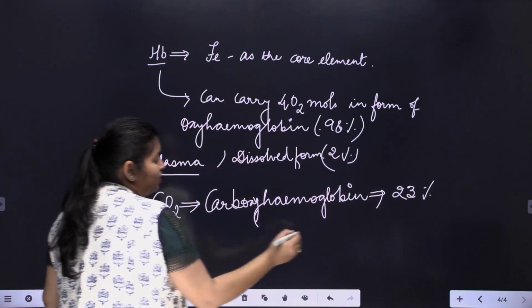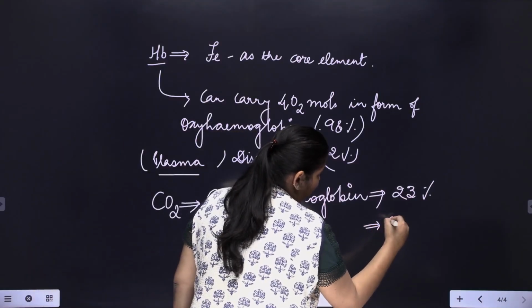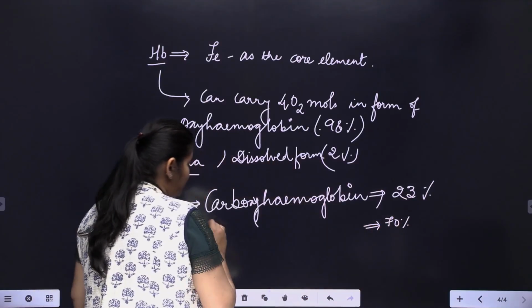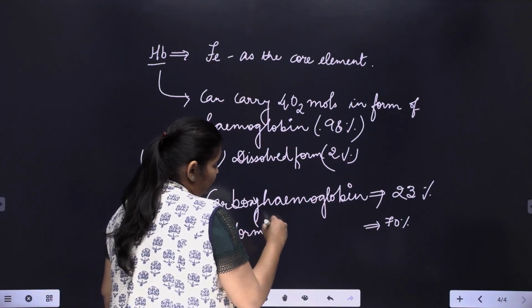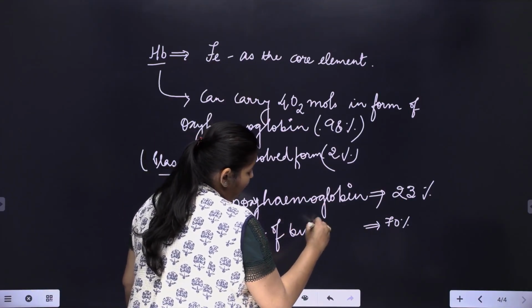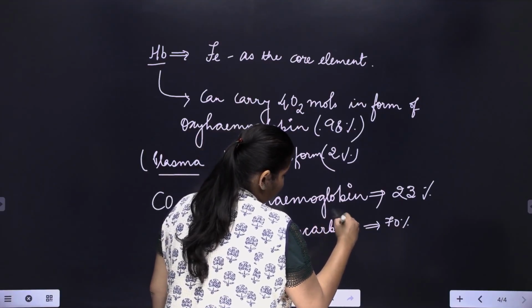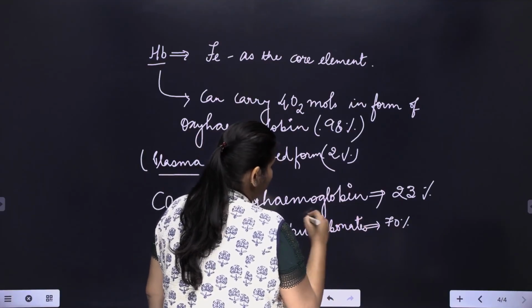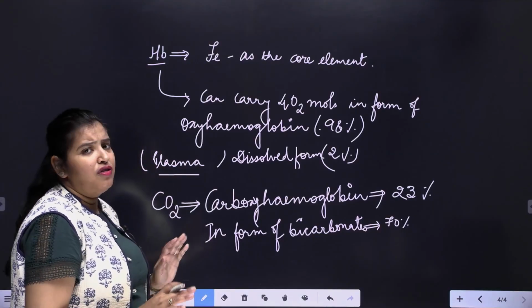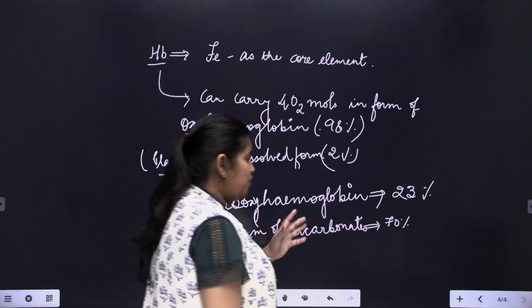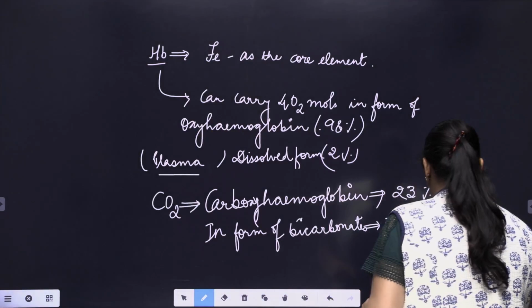About 70% of the transport of carbon dioxide is in dissolved form in form of bicarbonates, and still some is carried through plasma. So this information is just for your knowledge. You can just go through this. All right.